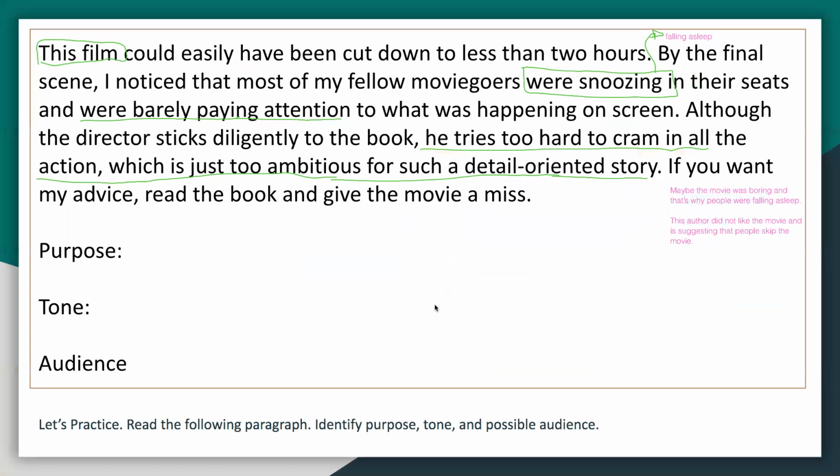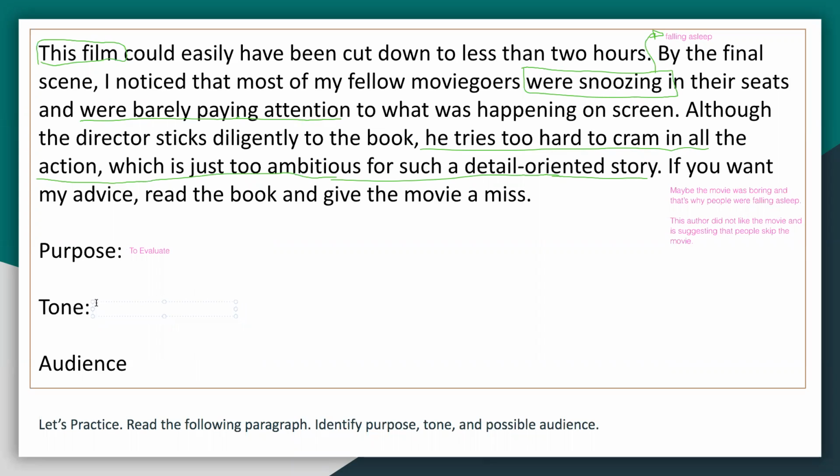Okay, interesting. So the purpose of this short passage was to evaluate, because as an author, this author was evaluating this film, and there was definitely the author's opinion in here.